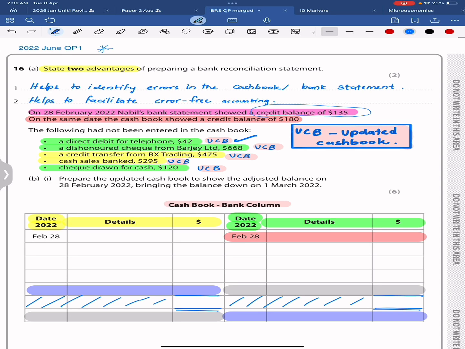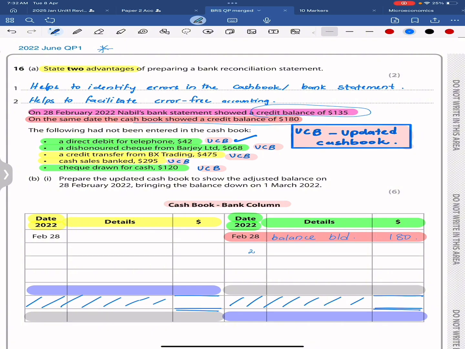Now let's prepare the updated cash book. As you can see here, the cash book showed a credit balance of 180. Let's enter that on the credit side because it says credit balance. Balance brought down.